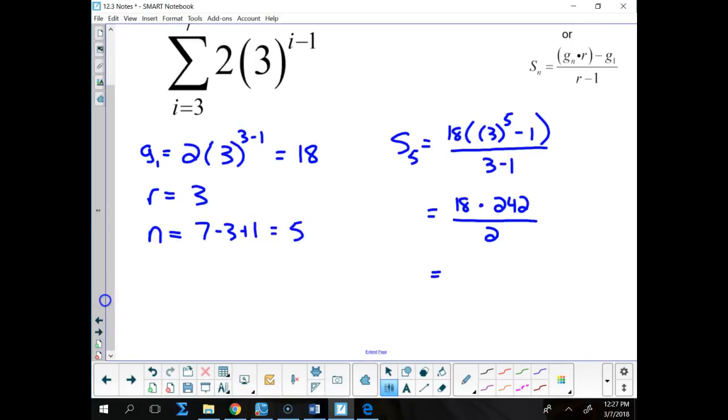18 divided by 2 is 9. 9 times 242 is 2,178.